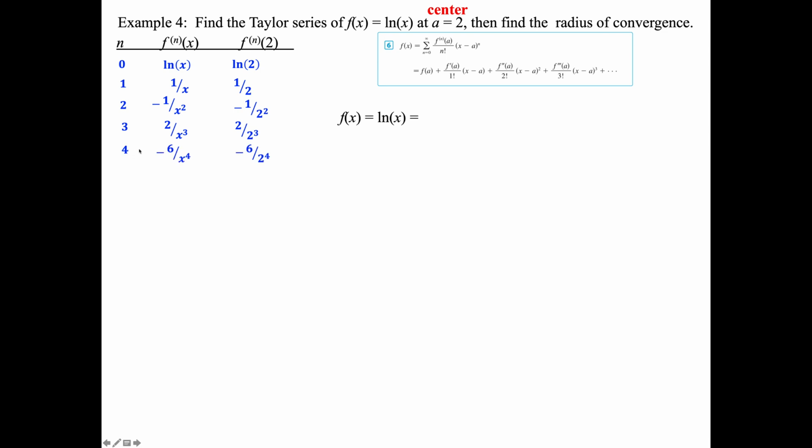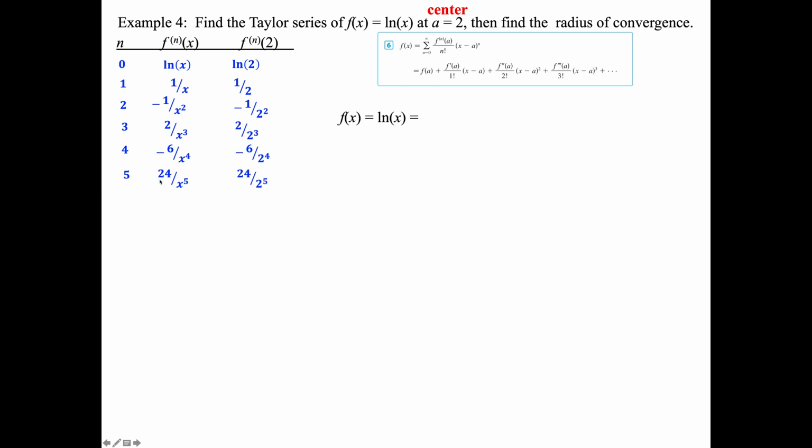To the 4th power, okay, I'm starting to see the pattern. That negative 3 gets multiplied to the 2, makes it negative 6. And I subtract 1 from the negative 3, makes it negative 4, which becomes x to the positive 4 in the denominator. So that's negative 6 over 2 to the 4th power. All right, so when n is 5, now we're going to take the negative 4, if you will, multiply it to the negative 6.